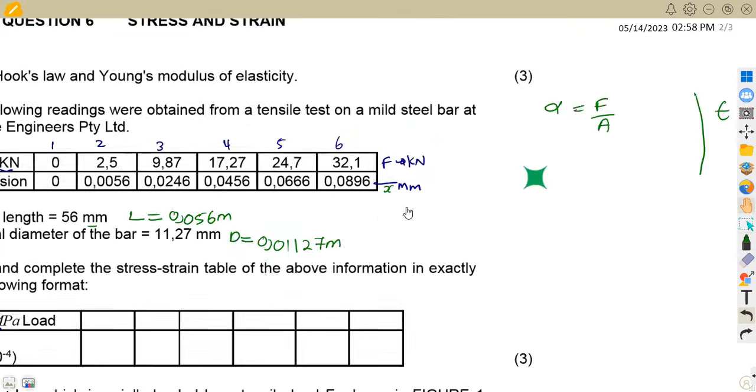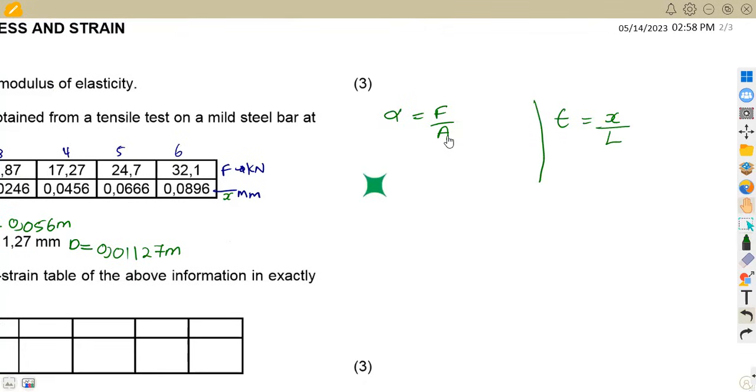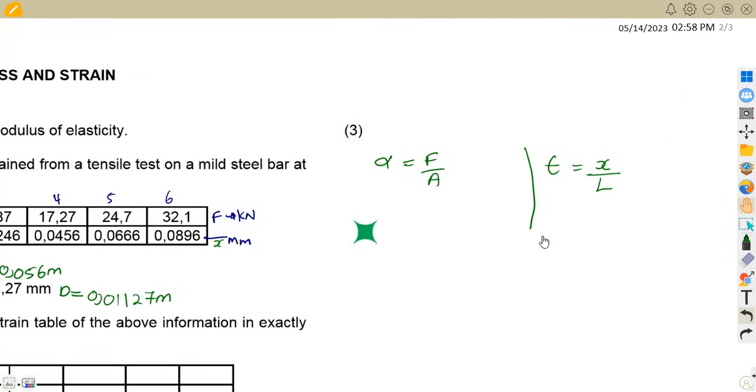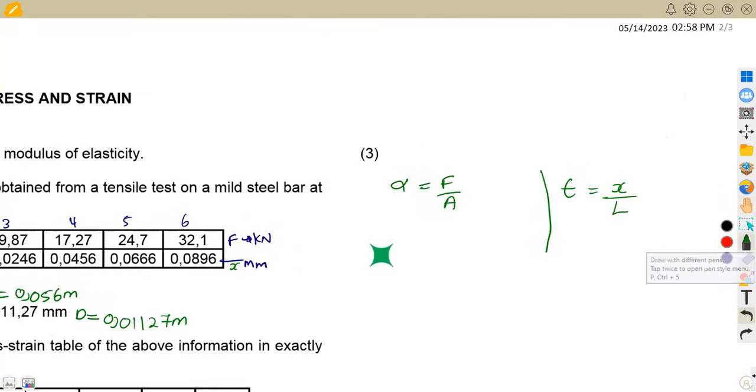Since here we need the area, we need the area from the diameter, okay? So that means we can calculate our area, and this is the area that you're going to use for your calculations. So let's just have our area from this information on top here. Remember that our area is given as pi over 4 times d squared, which is pi over 4 times the original diameter of 0.01127 squared.